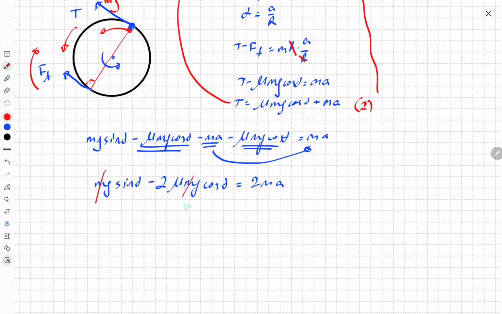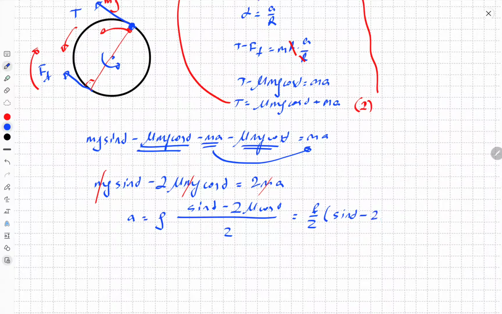We can cancel masses. So acceleration equal to g sine alpha minus 2 mu cosine alpha over 2. Or we can say g over 2 times sine alpha minus 2 mu cosine alpha. So this is the acceleration of the ring.